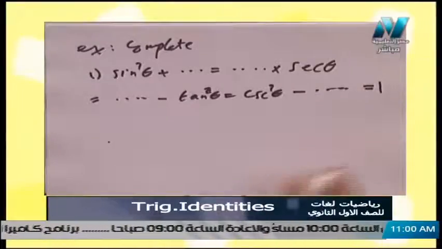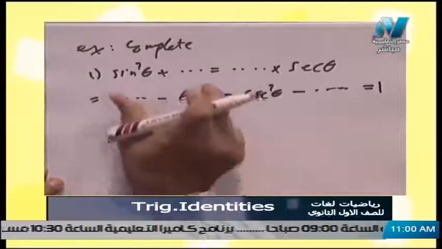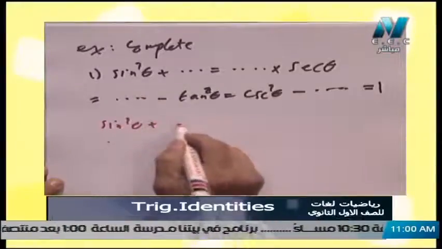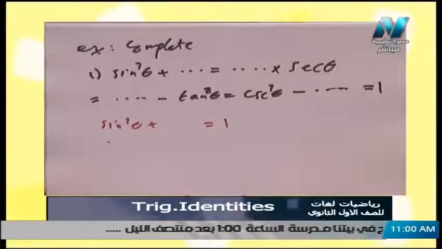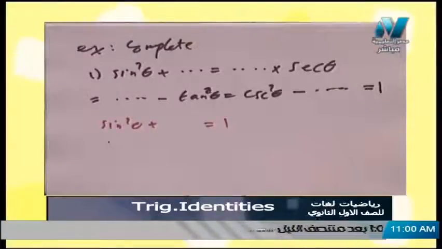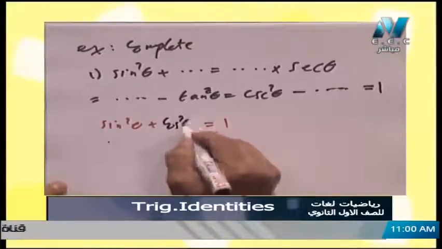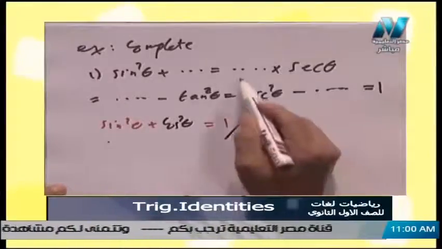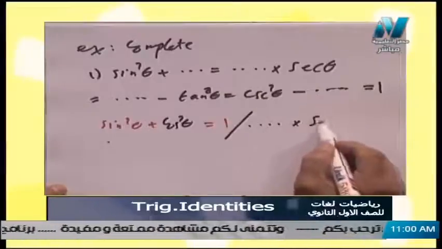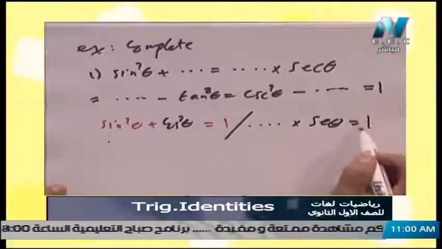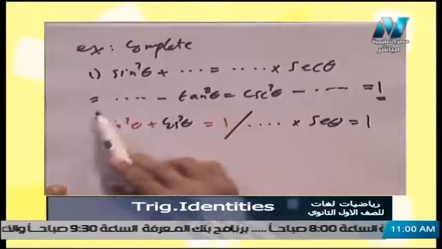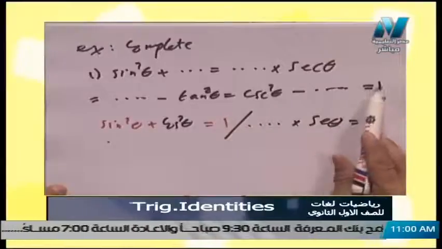To deal with this question, separate them. Just say sine power 2 theta plus what equals 1. Yes, we know that sine power 2 theta plus cosine power 2 theta equals 1. Excellent. And this space multiplied by sec theta equals 1. All of these identities here, all of them equal 1.